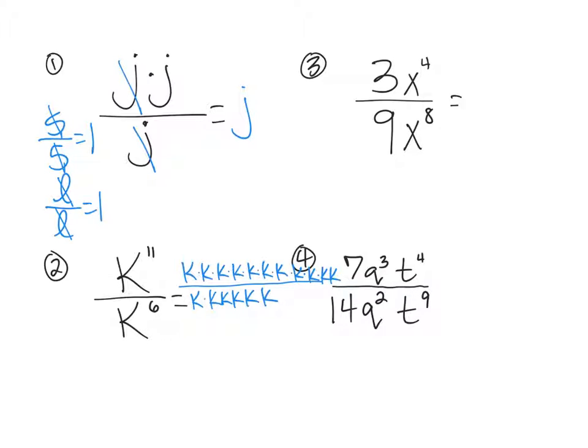Cancel 6 of the K's on top and bottom, top and bottom, top and bottom, top and bottom, top and bottom, top and bottom. So what's left? 5 of them. K to the 5th.